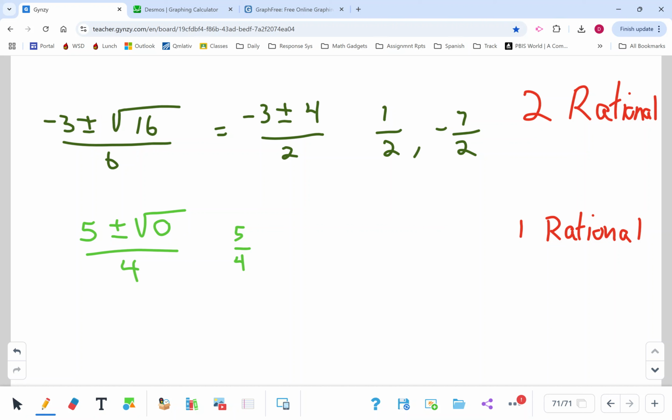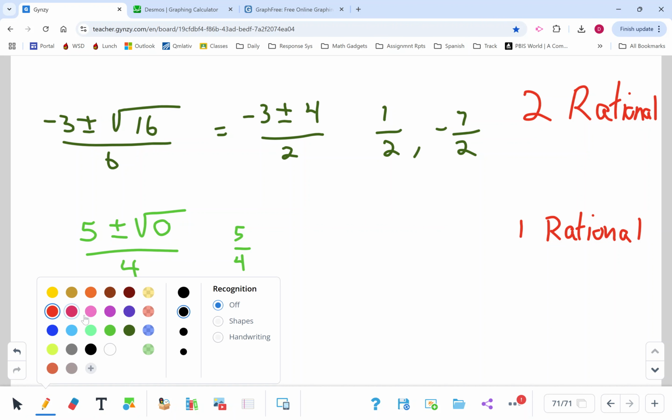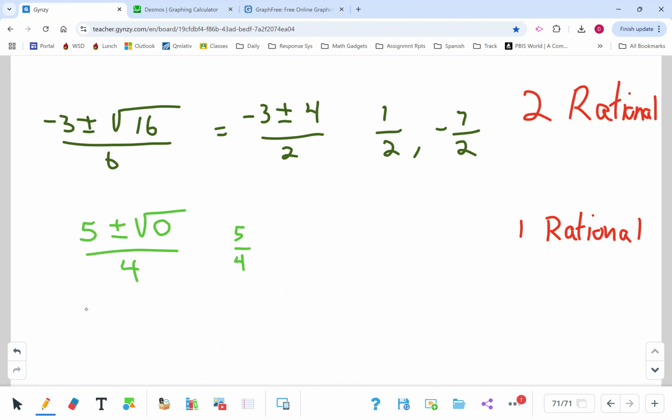Okay, well, what happens if we were doing an equation that looks like this, and maybe it's 6 plus or minus the square root of negative 40, over, let's say, 2. Well, we know that the square root of negative 40 is not a real number. So you're going to get 0 real solutions.